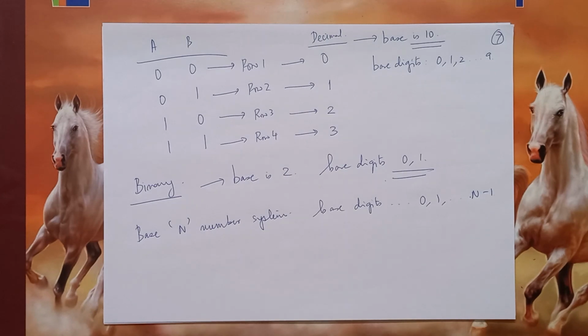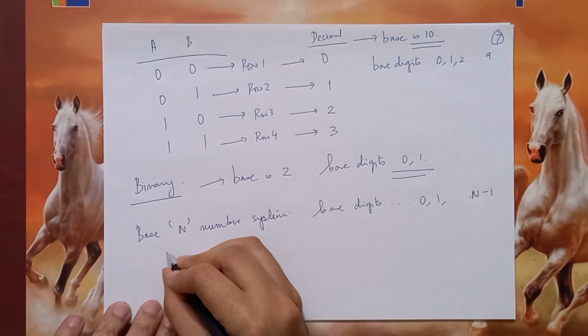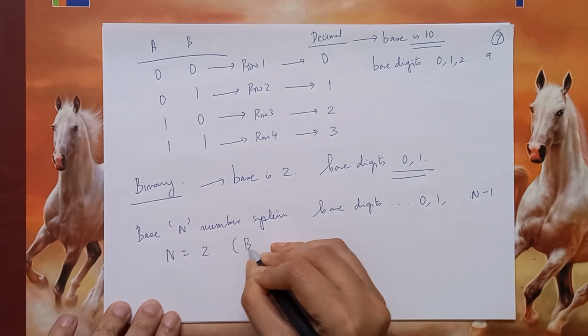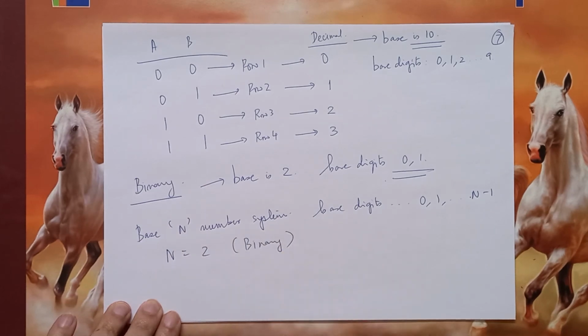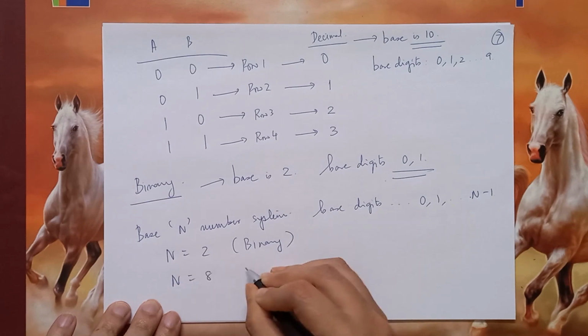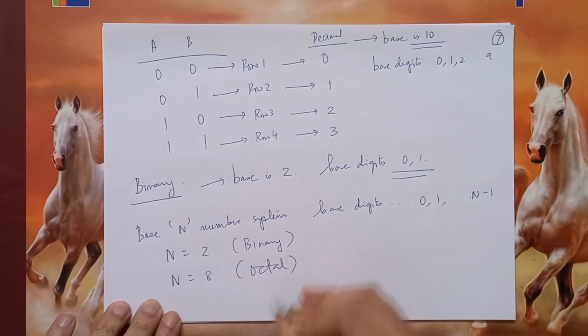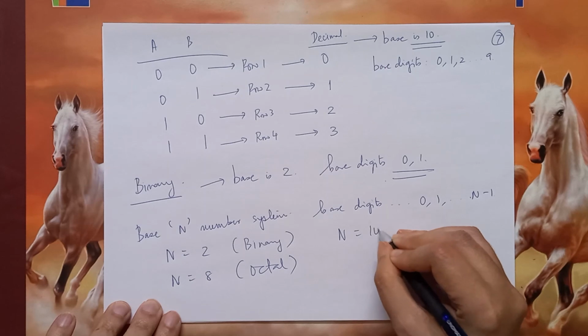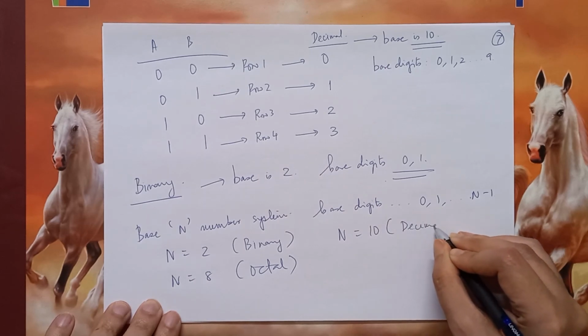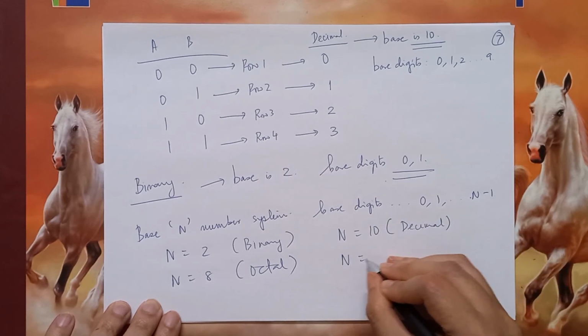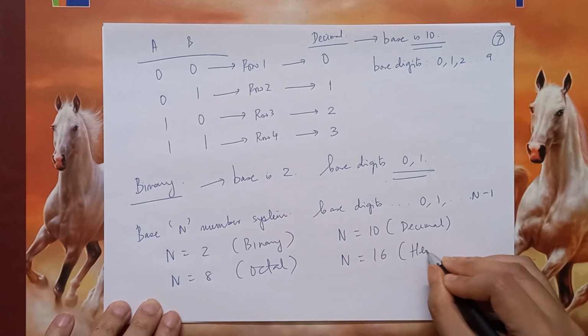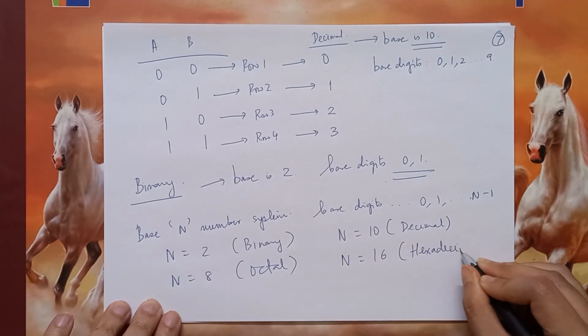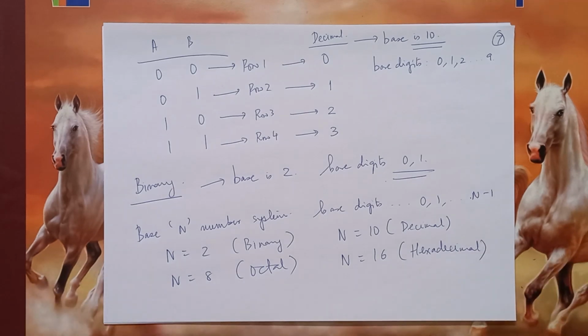In particular, there are some number systems or some values of n which are of some interest. n equal to 2 is the binary number system. n equal to 8 is called the octal number system. n equal to 10 is the decimal number system, and n equal to 16 is the hexadecimal number system. Octal was very popular once upon a time, but now it's not very popular.